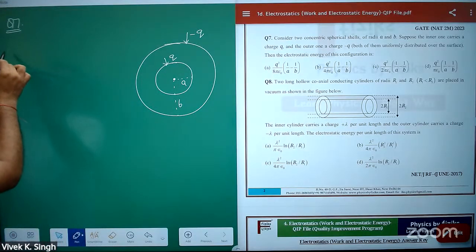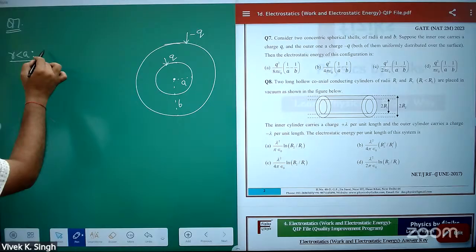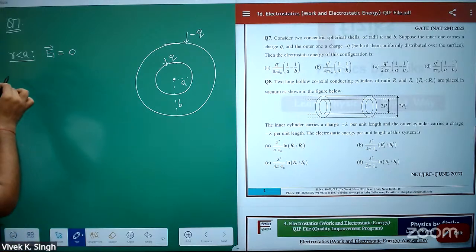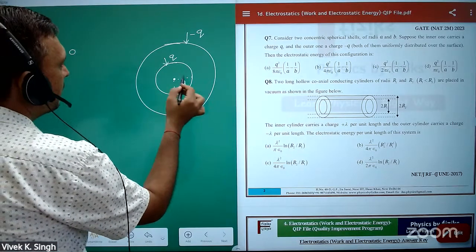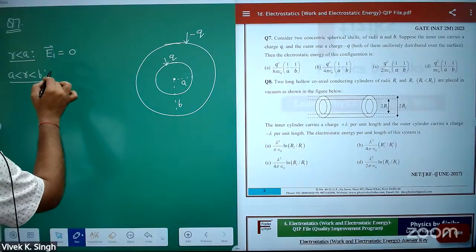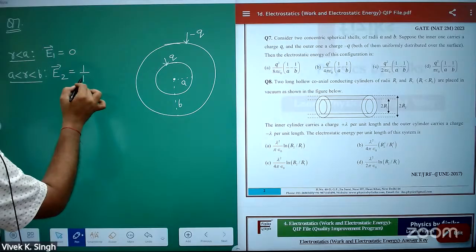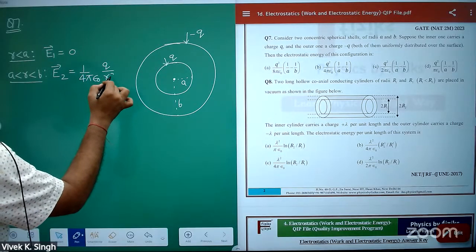So let us first write what will be electric field in the region r less than a. According to Gauss law, this will be 0. Now if you are taking region a to b, in this region, because of the inner shell, E2 is given by 1 by 4 pi epsilon naught Q by r square r cap.